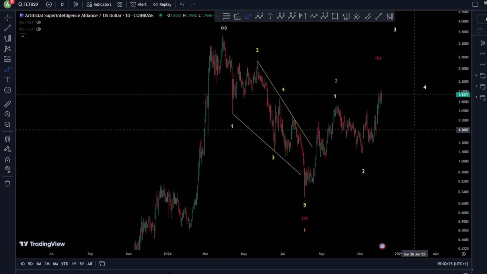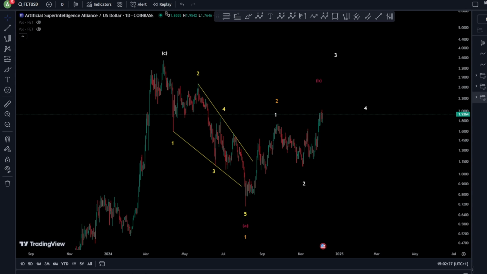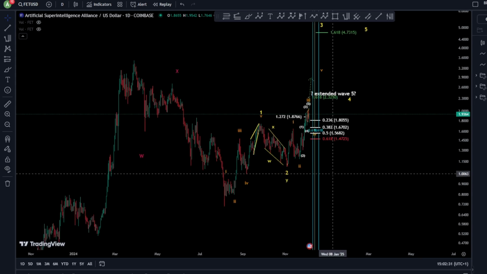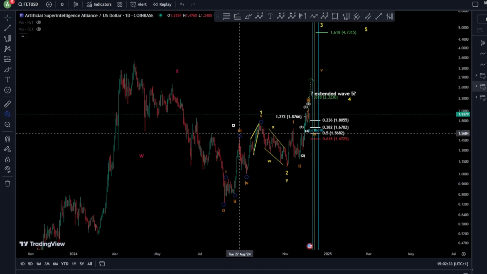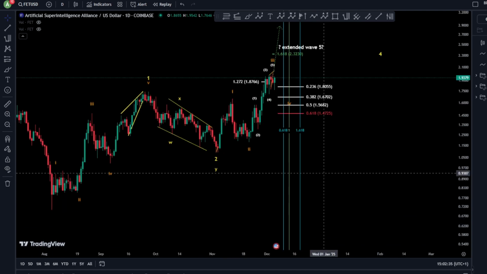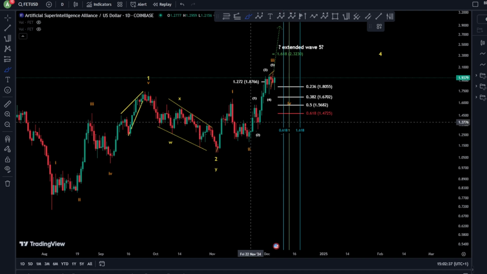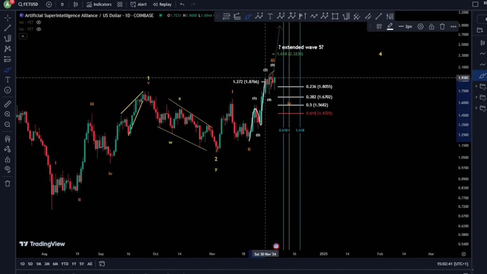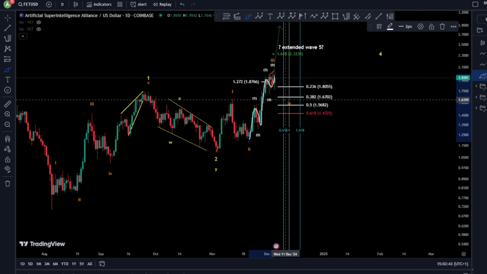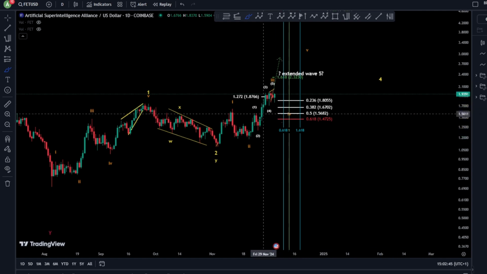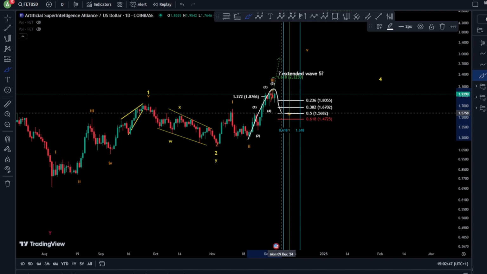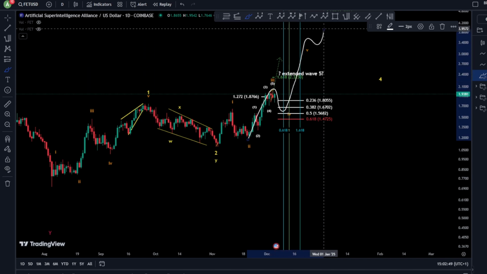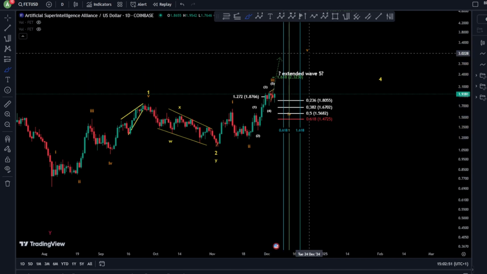Now, what should we choose? How should we walk with this, or how should we trade it? To trade this safely and not get into a trap, we have to walk step by step with it. In case we are in a 1, 2, 3, 4, 5 here, as mentioned, your smallest bullish scenario, we have to expect a 1, 2 here probably, and then a 3, 4, 5 continuation towards the upside.